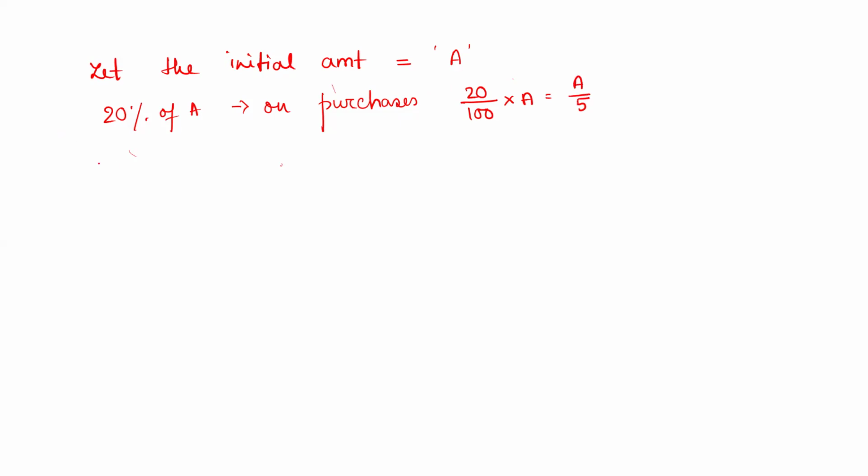Then what's remaining? A minus A by 5, which is equal to 4A by 5. This is the amount remaining.